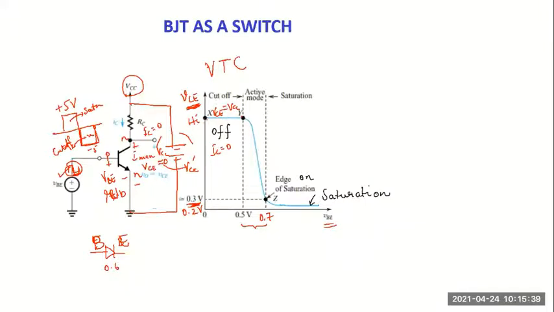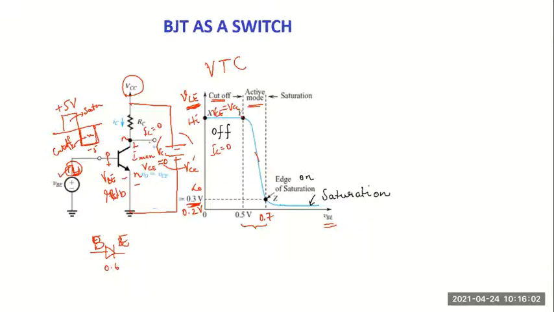And when the voltage across the transistor is high, it is in cutoff. When the voltage across the transistor is low, it is in saturation. And in between both, it is in active region. This region of transition, when it is changing from cutoff to saturation, the transistor will be in active mode.